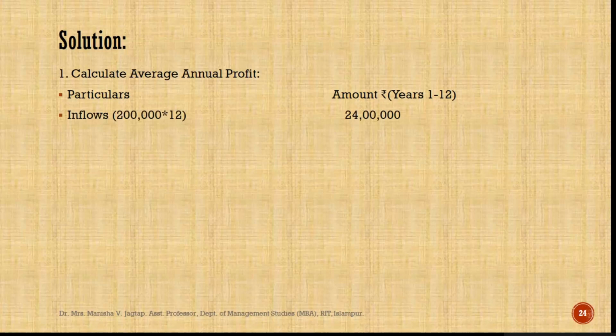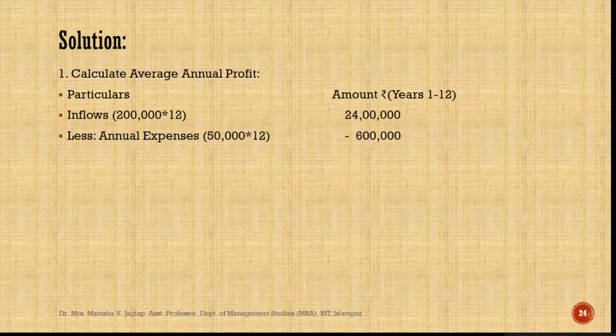In this case, we will calculate the average annual profit of the machinery. So 2 columns, particulars and amount. As the same figure we will get at the end of every year, we have written in brackets year 1 to 12. So what is inflow? That is nothing but earning. So it is 2 lakh rupees into 12. So 24 lakh total amount we can earn from this machinery, less annual expenses 50,000 into 12.